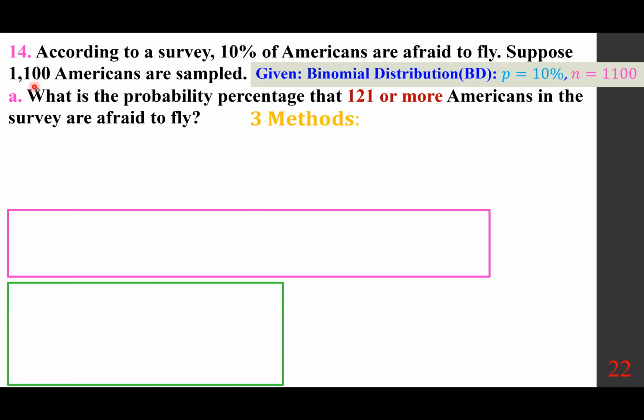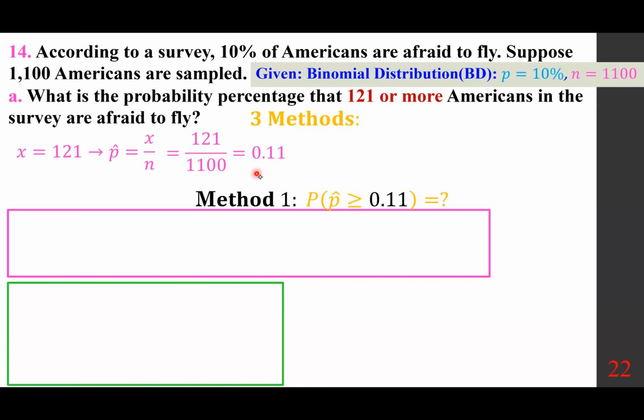So we're going to go with three different methods. Here's one of them. X is 121 or more. P hat makes it X over N, so the proportion for this sample, if we had 121, would be 0.11 or 11%.